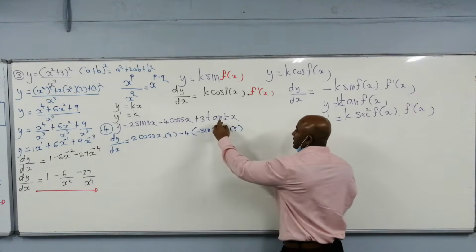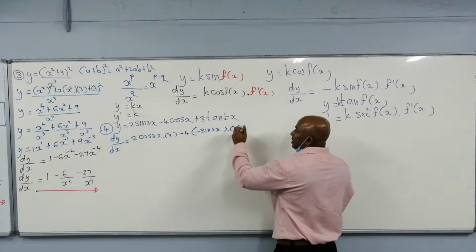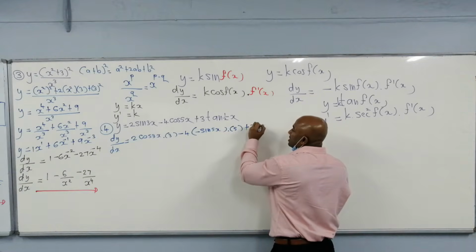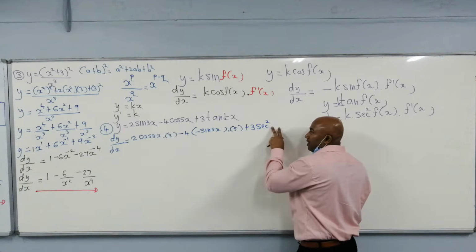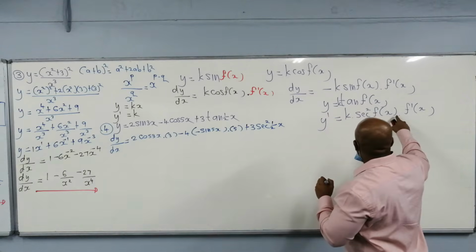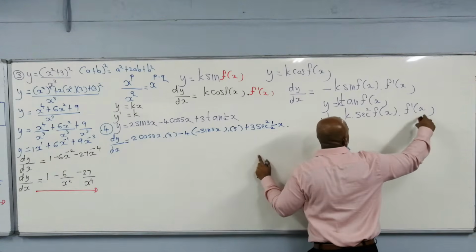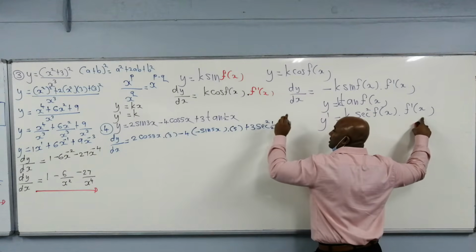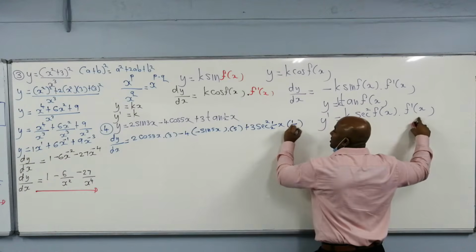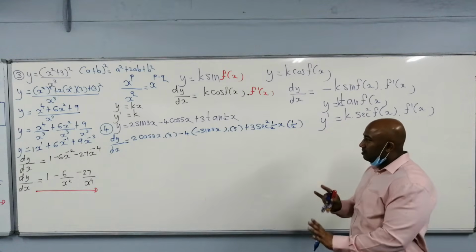So the derivative of 3 tan of half x will be 3 sec squared of the function of x, which is half x, times now differentiate f of x. What's the derivative of half x? It's just half. You're done now. That is it.